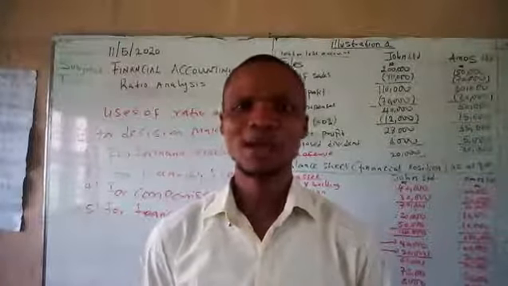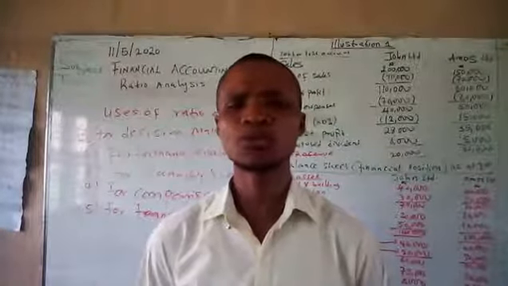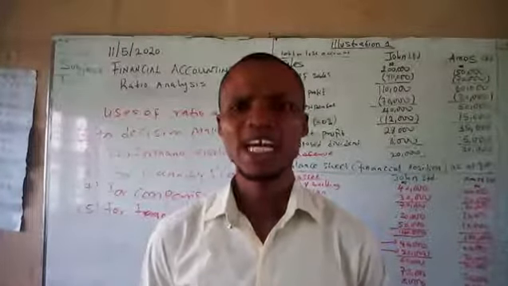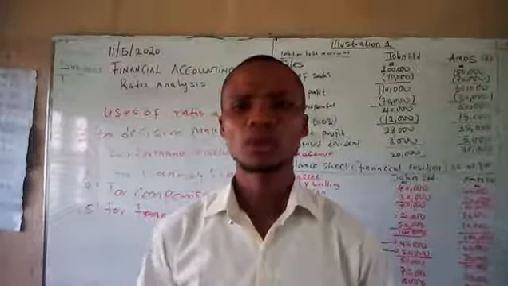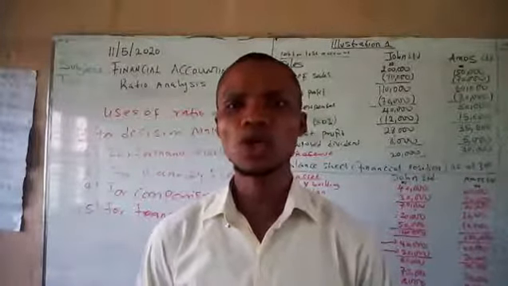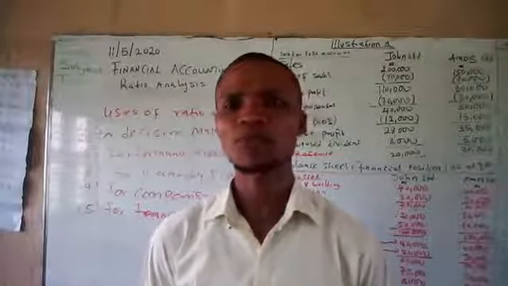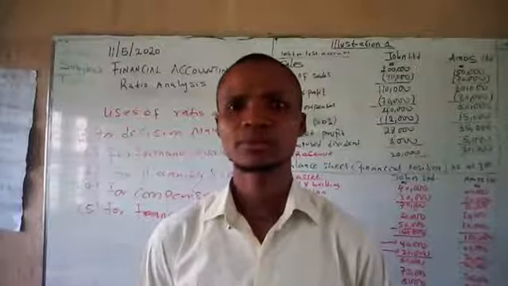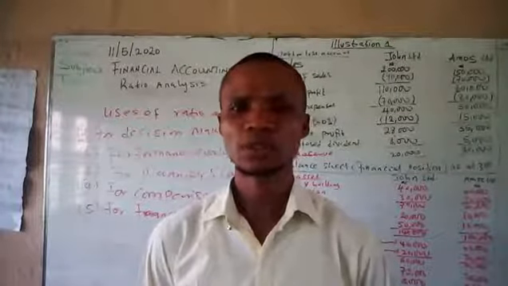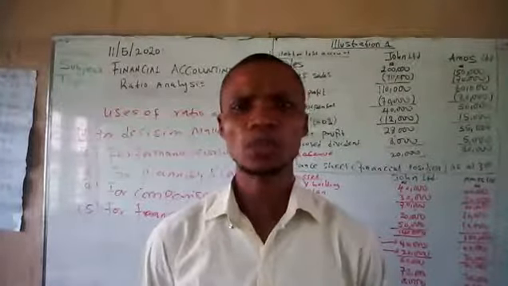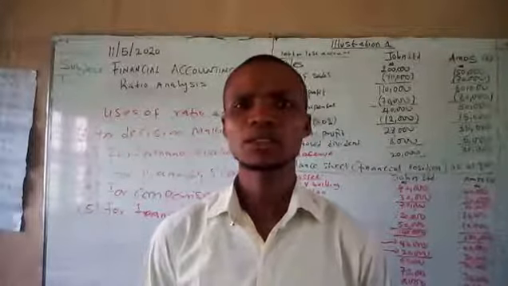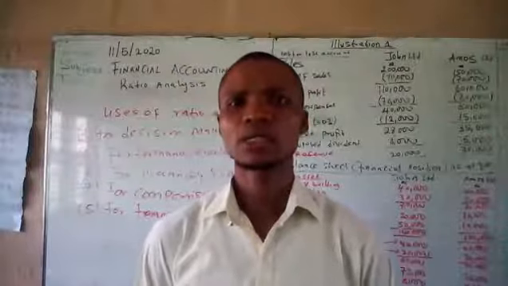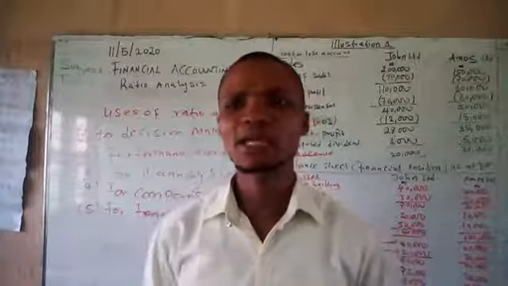You might also want to look at the profitability ratios, such as gross profit ratio and net profit ratio, return on capital employed or return on investment, and asset turnover. As an investor, it is very important to have knowledge of ratio analysis in order to guide us in making investment decisions.